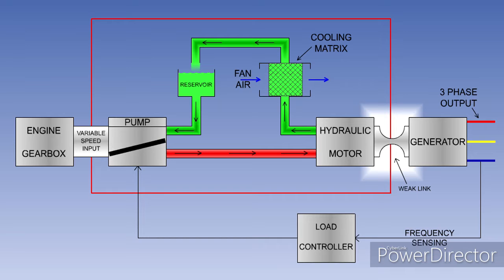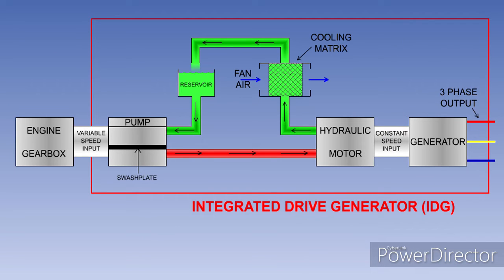This has a weak link, which will break before any major damage can be caused. Some constant frequency generators have their CSDU and generator combined in one unit, called an integrated drive unit, IDU, or integrated drive generator, IDG.